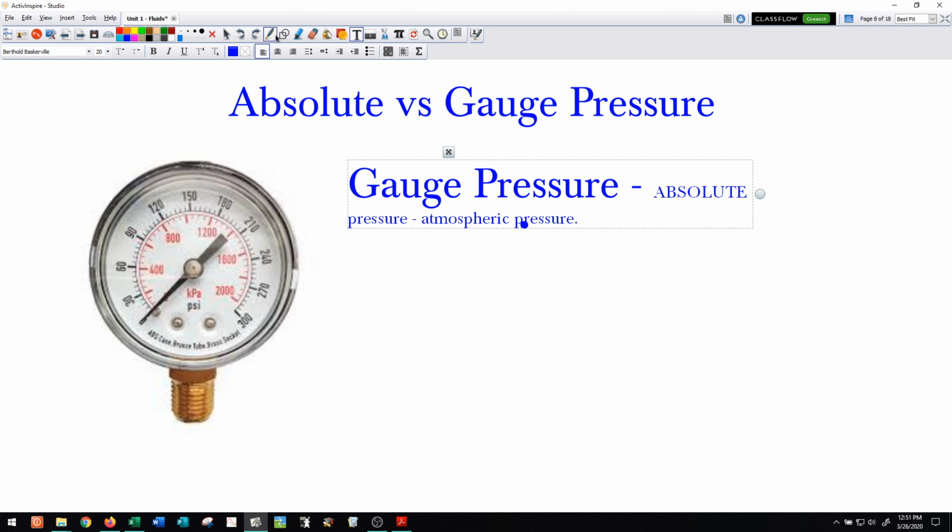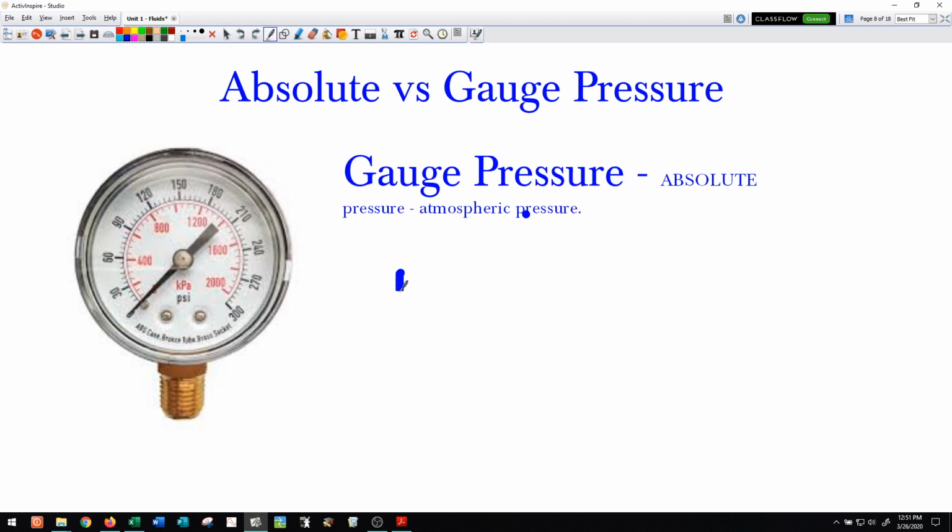So in terms of our little equation that we wrote, if I were measuring the pressure at the bottom of a swimming pool, for instance, with a gauge, that gauge pressure would be only the pressure at the bottom of the pool. So that would just be the rho GH term.